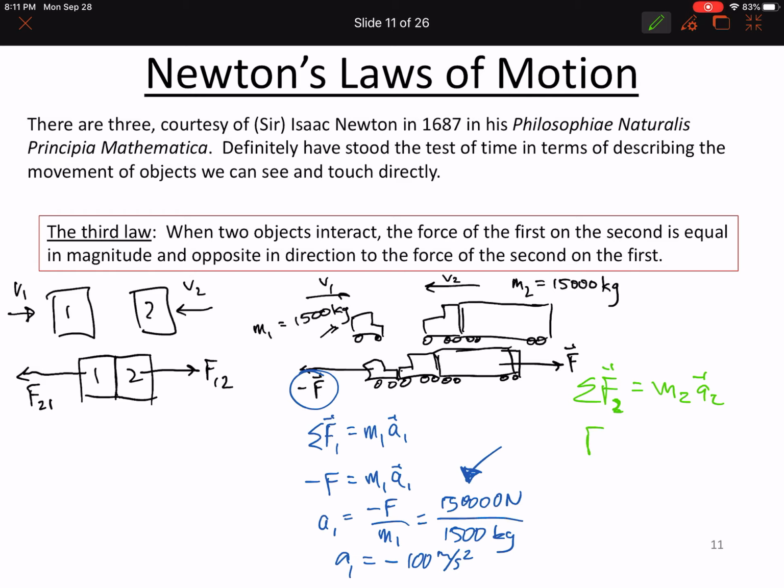And if we put in the same kind of stuff, we've got M2A2, and A2 then is positive 150,000 newtons over 15,000 kilograms. And so the semi itself experiences a mere approximately a G of acceleration. I mean, that's clearly noticeable, but is not deadly in any way, okay?